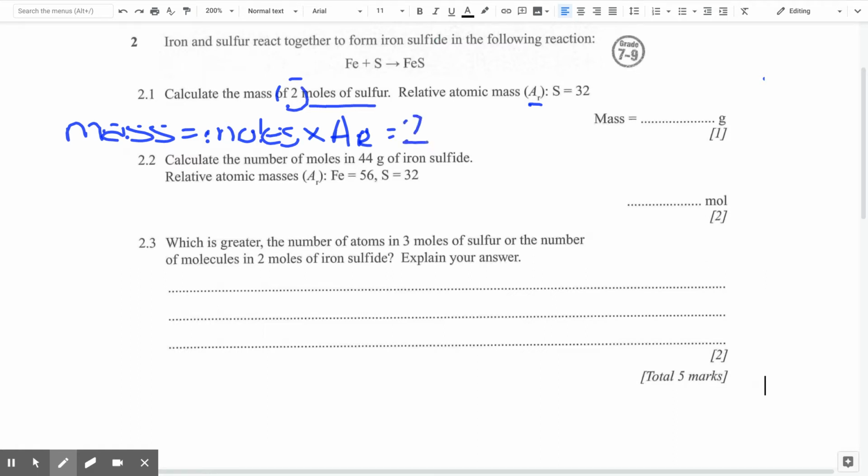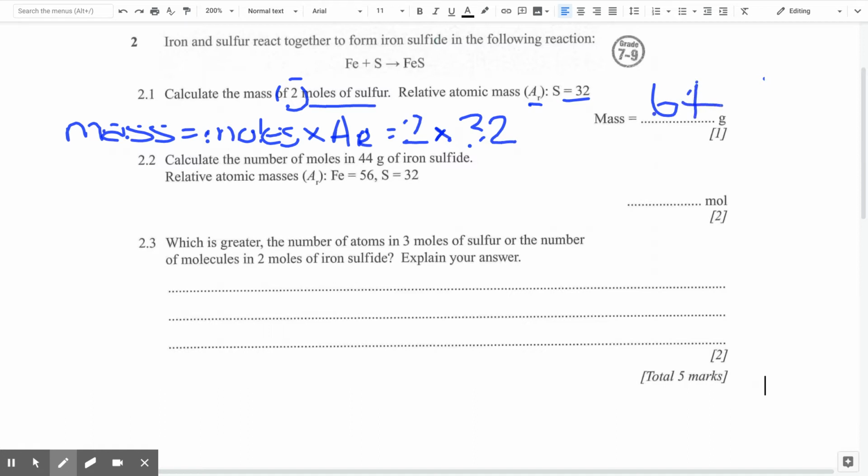We've got 2 lots of a mass, and the mass we are given in the question is 32. So the mass of 2 moles of sulfur, whereby each mole weighs 32, is equal to 2 times 32, and that's going to give us a mass of 64.